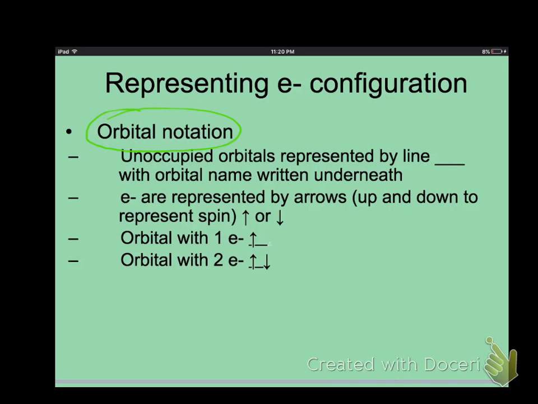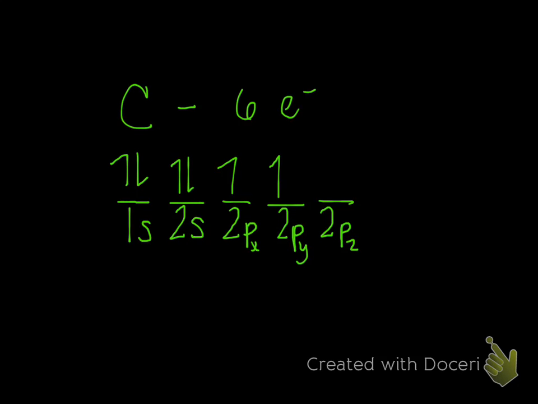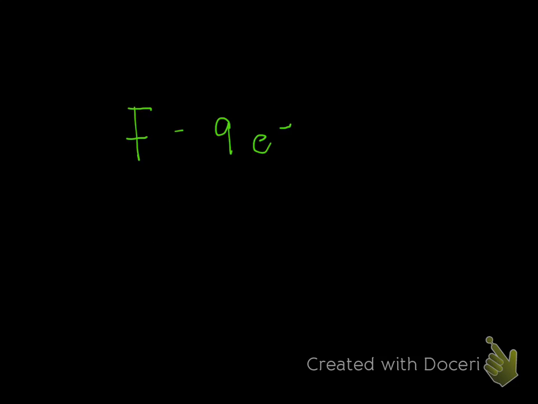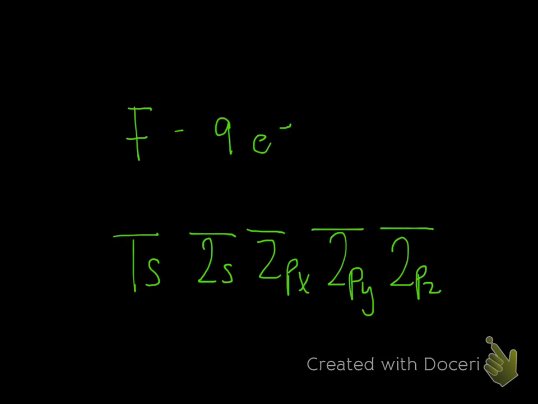Let's try something a little bigger. Let's try fluorine with 9 electrons. So again, we'll start off with the 1s, and we might as well go ahead and draw our orbitals first. So we've drawn all of our orbitals. Now, when we add our electrons, we'll first put 2 in the 1s, 1, 2, with opposite spins. Then we'll move up an energy level.